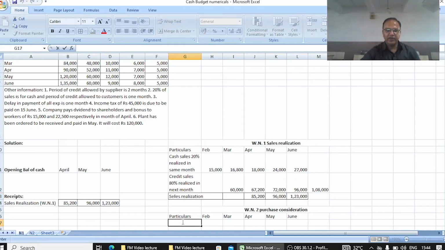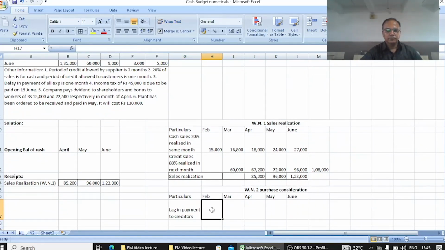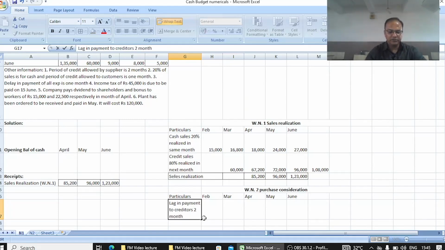Now, if we see, we find that the period of credit allowed by supplier is 2 months, so there is lagging payment to creditors of 2 months.